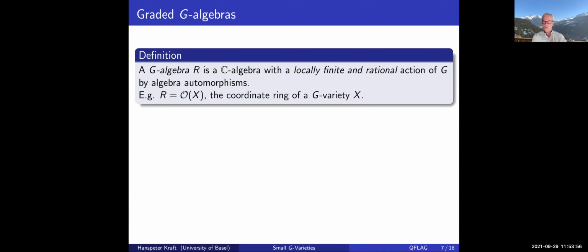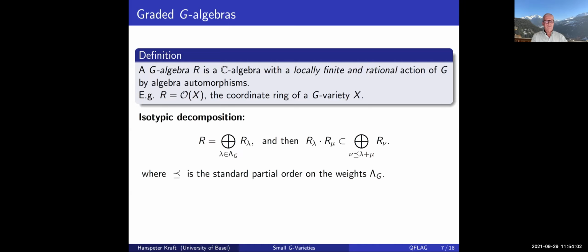So the action is locally finite and rational. That's a G-algebra. Then such a G-algebra has an isotypic decomposition. So you decompose it according to the simple modules occurring in this algebra.